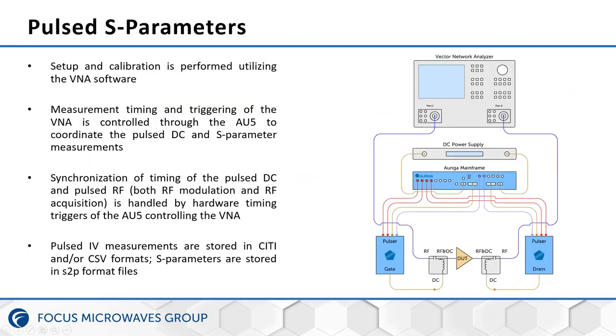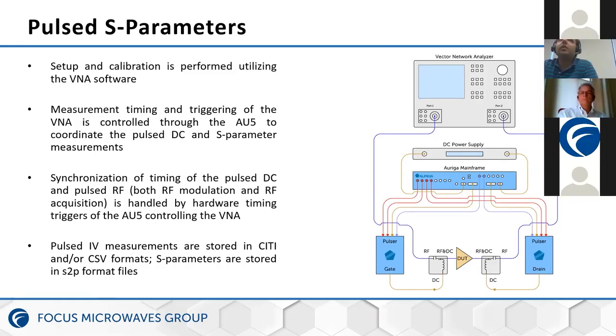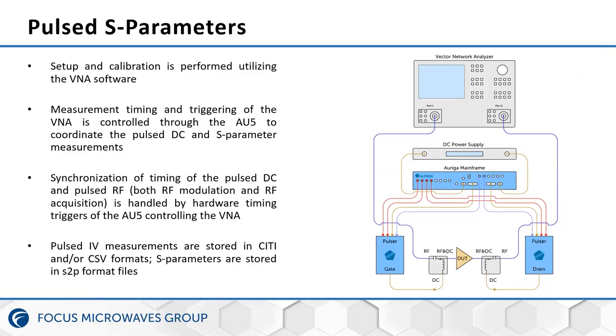Another important application of a pulsed IV measurement system is the pulsed S parameter measurement. The principle of these measurements consists of superimposing the RF signal on each instantaneous bias point, and for each bias point within that IV network, an acquisition of the S parameter measurement is done.